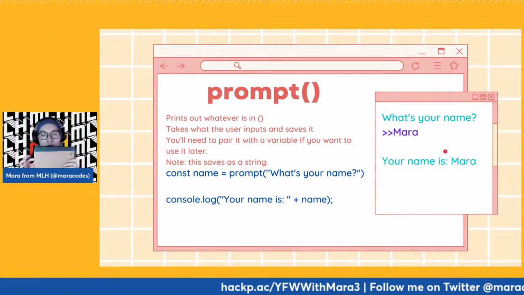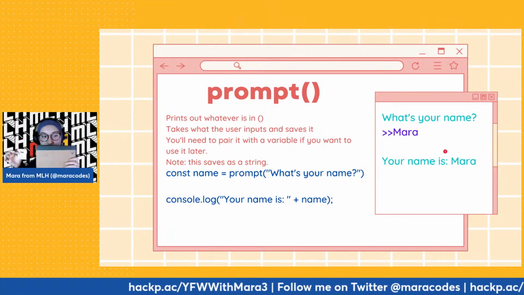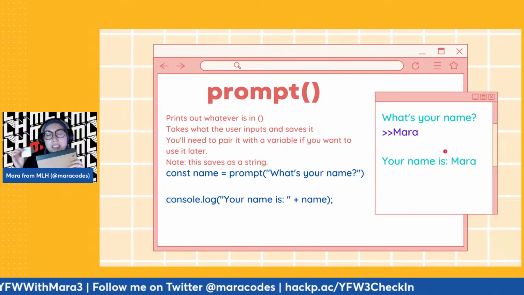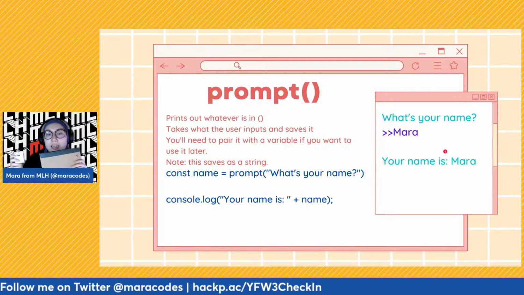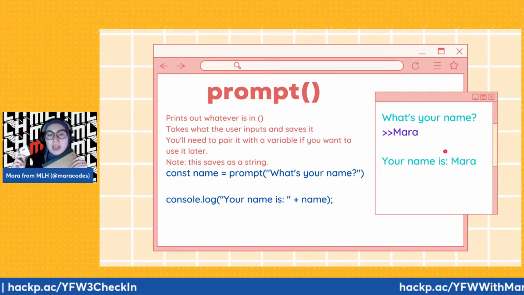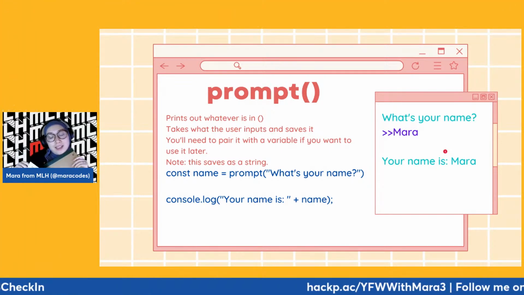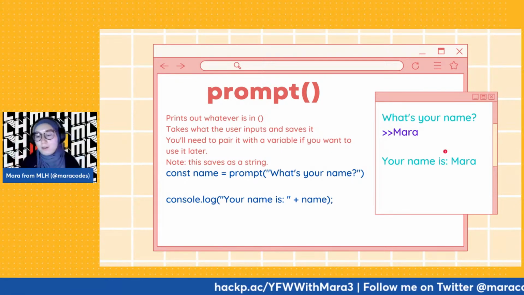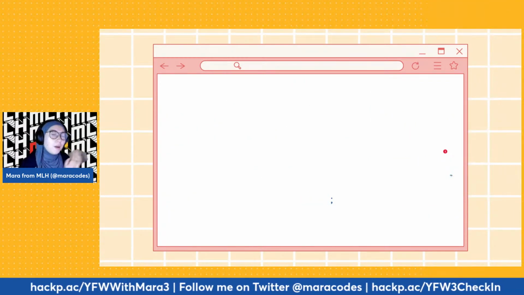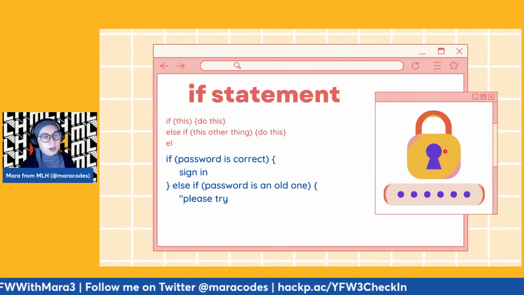Then it comes out here, and if the computer wants to know it, it needs to save this somewhere. So I saved it to the constant variable called name. And then I can use it later on to print out, I can use it to console.log. So we'll be using prompt very briefly. It's way easier than I'm explaining it.